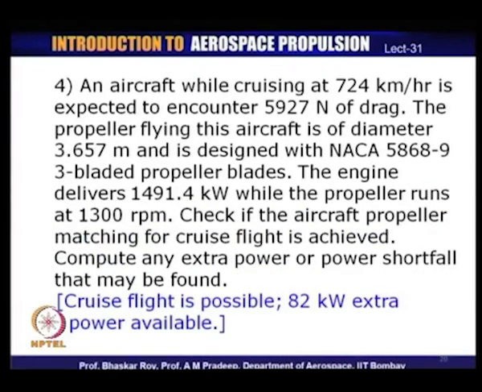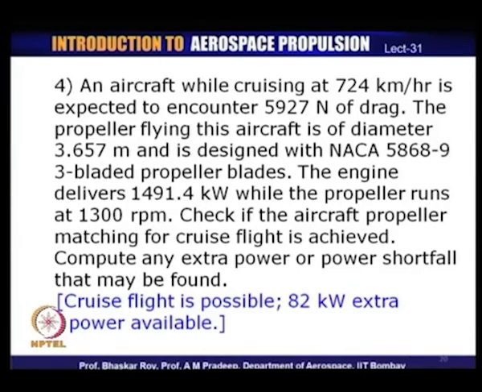The sixth problem that we have is an aircraft, while cruising at 724 kilometers per hour, is expected to encounter 5,927 newtons of drag. The propeller flying this aircraft is of diameter 3.657 meters and is designed with NACA 5868-9 3-bladed propeller blades, of which we have done the characteristics before in the lecture.